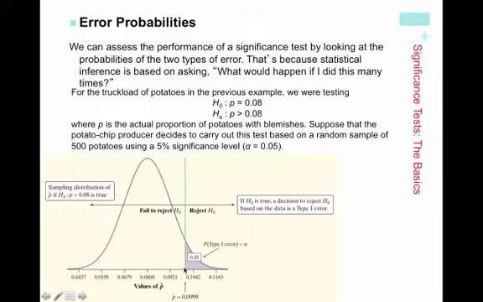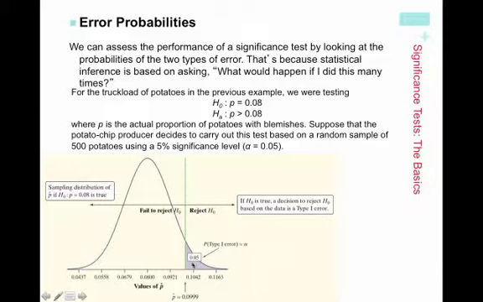If we calculate the inverse normal distribution with a mean of 0.08 and a standard deviation of 0.0121, we get 0.0999. That value is the cutoff for where we reject or fail to reject the null hypothesis. Our 5% significance level is up here.